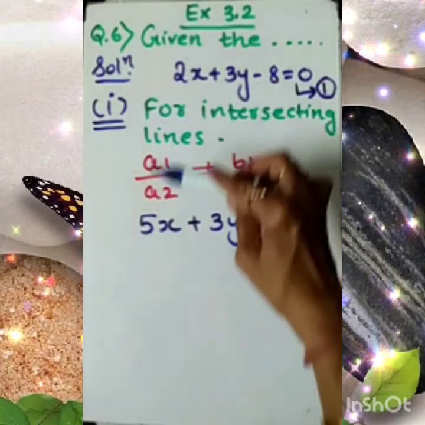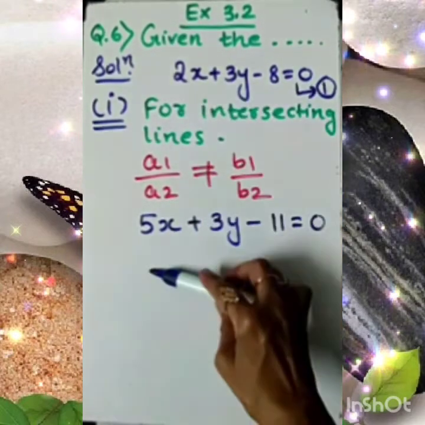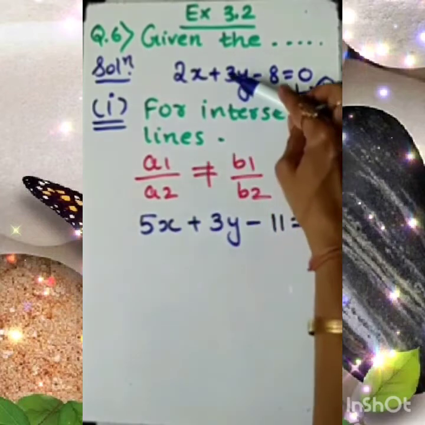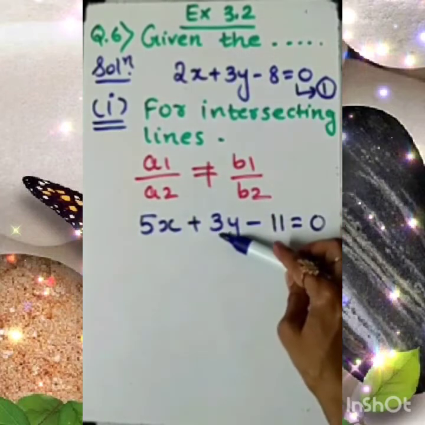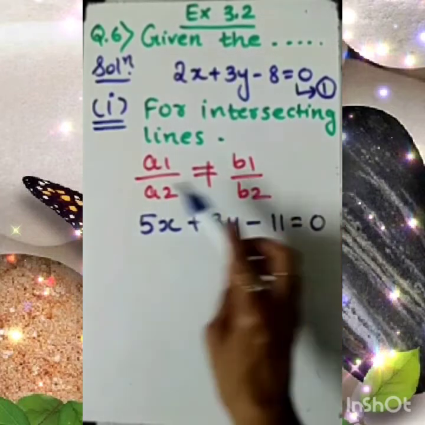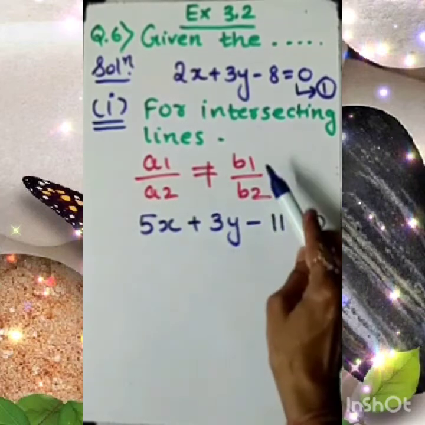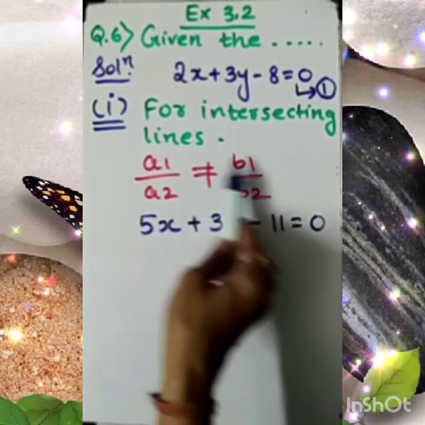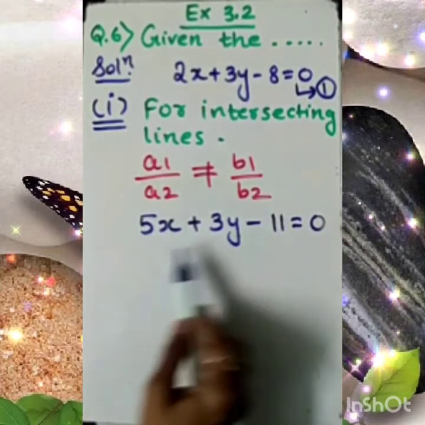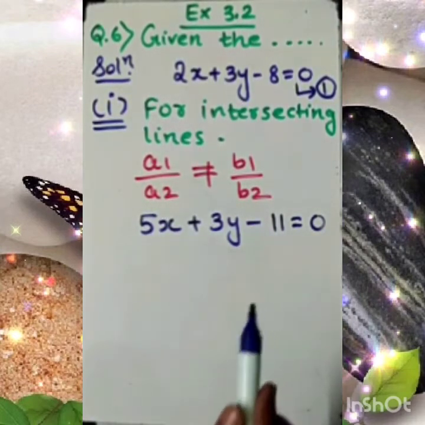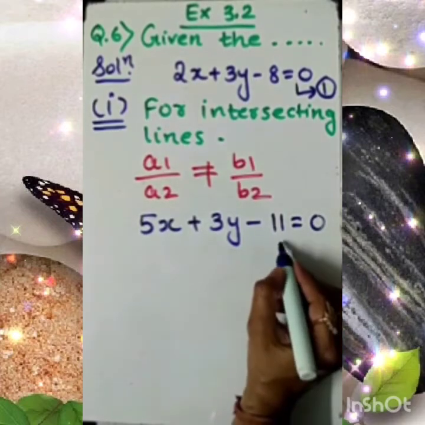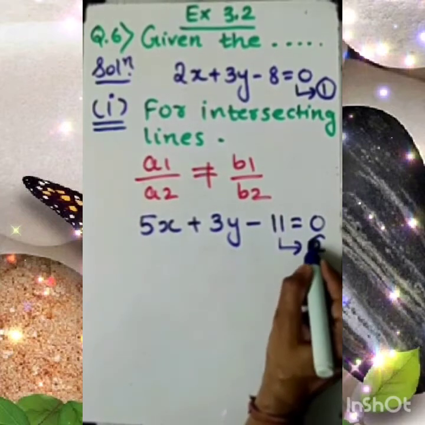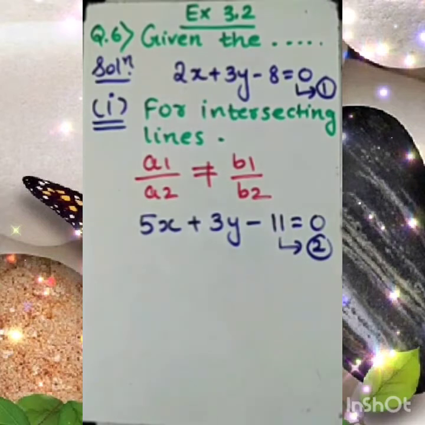Now 2 by 5, this is the ratio 2 by 5, and 3 by 3. Are they equal? 2 by 5 not equal to 3 by 3. So it should satisfy this condition, and any such equation we can write. Here I have taken only one equation as an example to make you understand this.